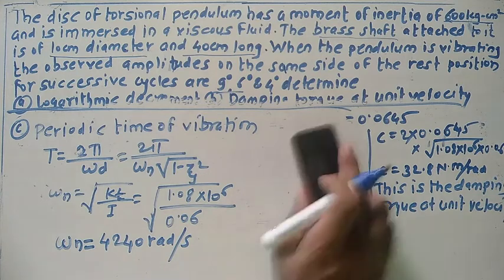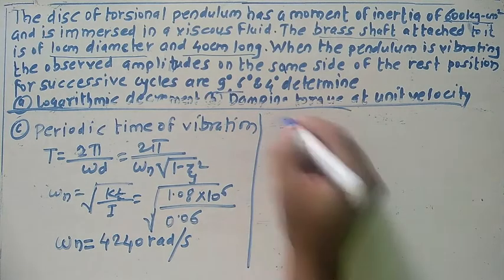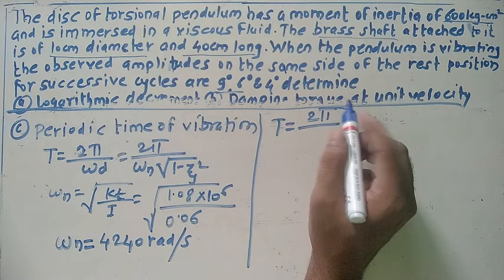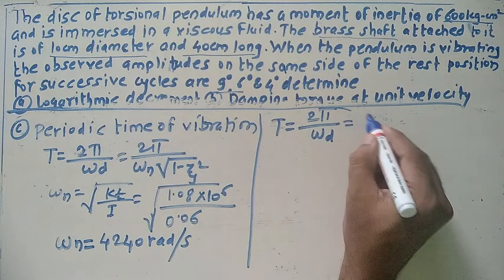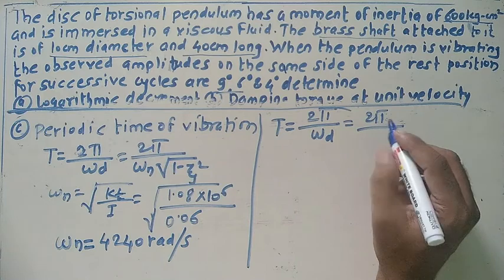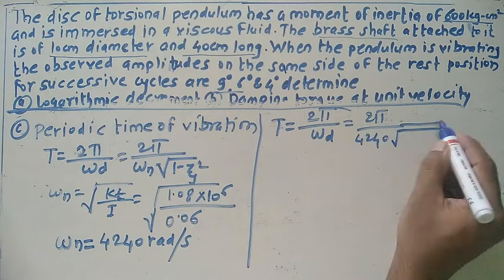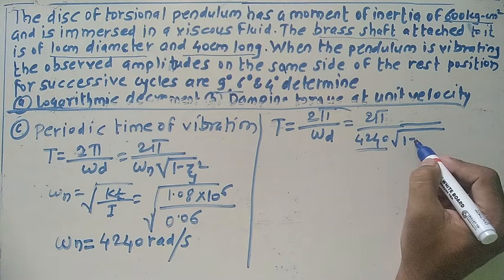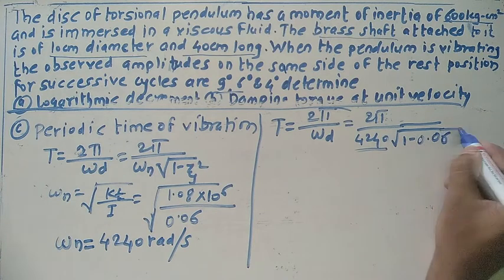We know the relation between time and frequency. Time is 2 pi divided by omega d, so T equals 2 pi divided by 4240 into the square root of 1 minus zeta square, with zeta equal to 0.0645.